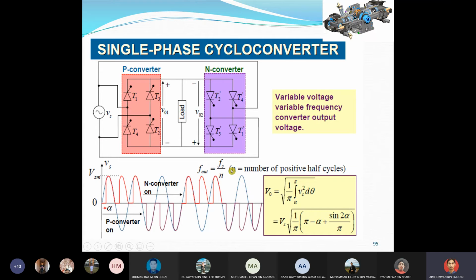Okay, so this is the concept. We have a P converter and an N converter. Okay, so variable voltage, variable frequency converter output voltage. So this is what we combine. So we combine, and we have both, the voltage and frequency that we have changed.